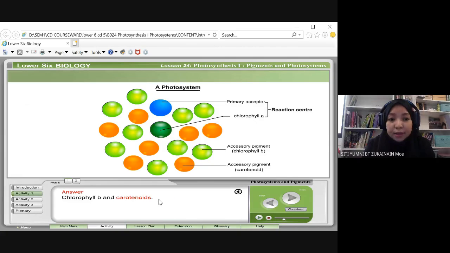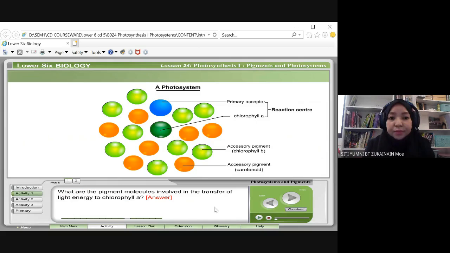They are chlorophyll B and carotenoids, the accessory pigments.